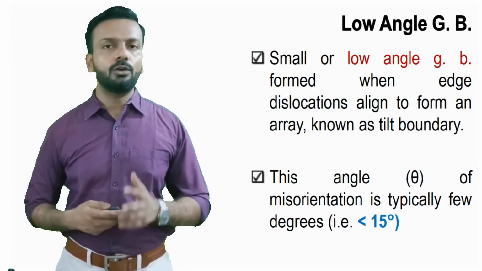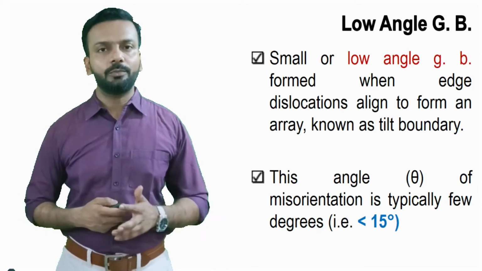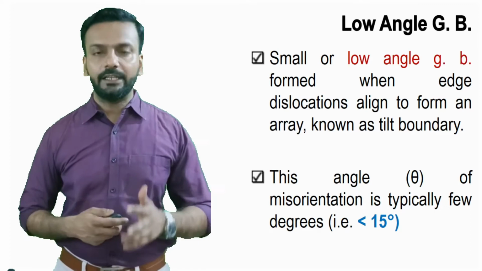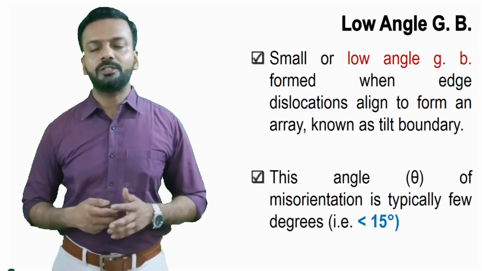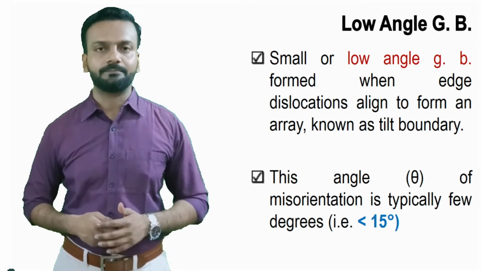A low angle grain boundary forms when edge dislocations align to form an array known as a tilt boundary, so the angle of misorientation is typically less than 15 degrees.